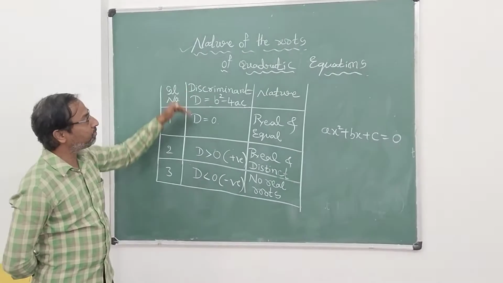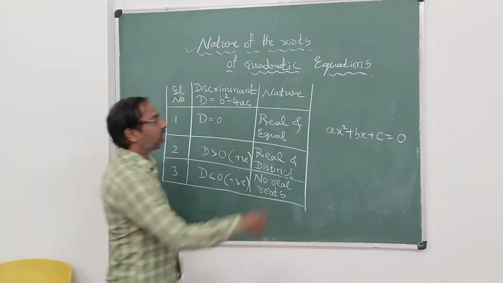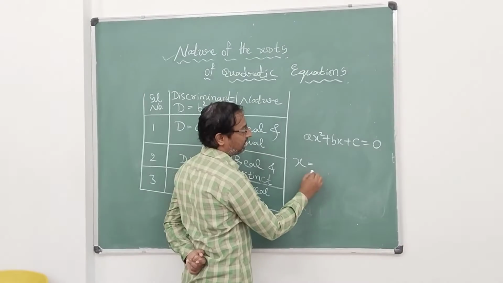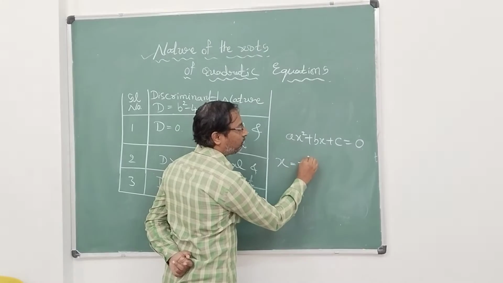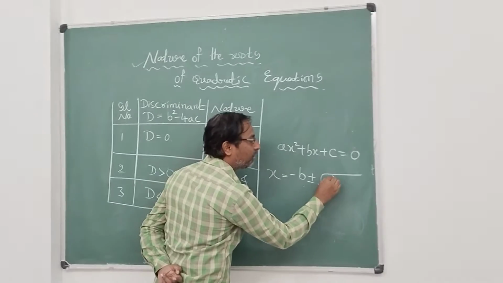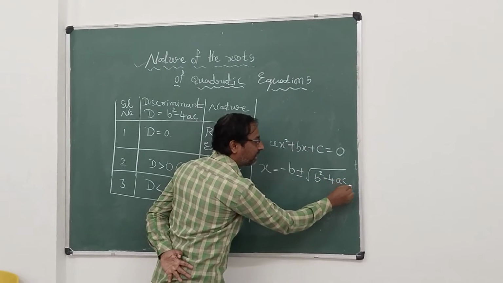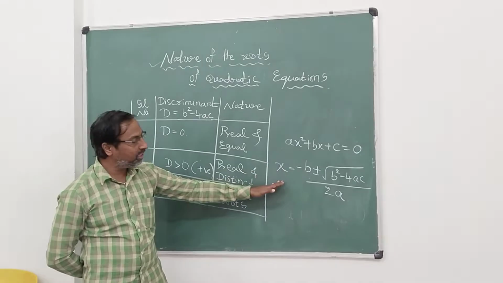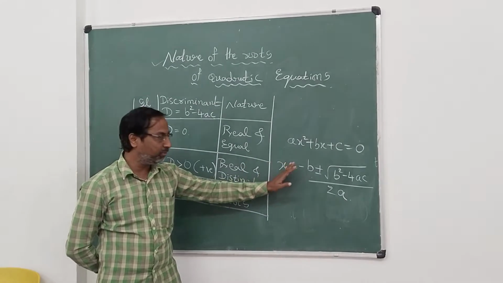First of all, we are aware of the quadratic formula because we learned it in the previous class. That is x is equal to minus b plus or minus root b square minus 4ac divided by 2a. It is the formula to find the roots of quadratic equations.